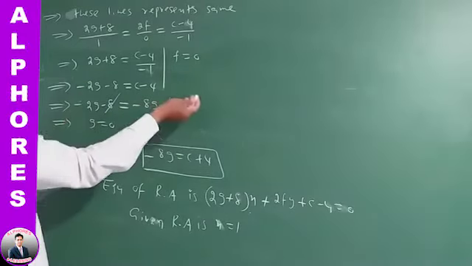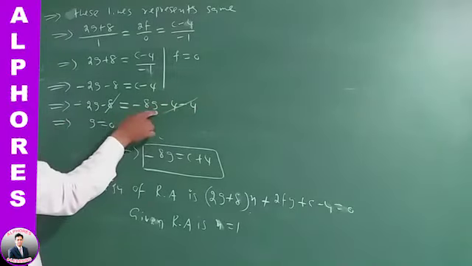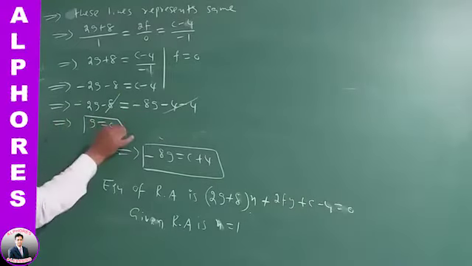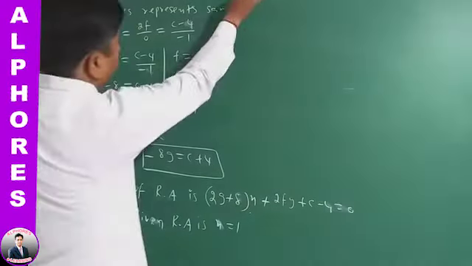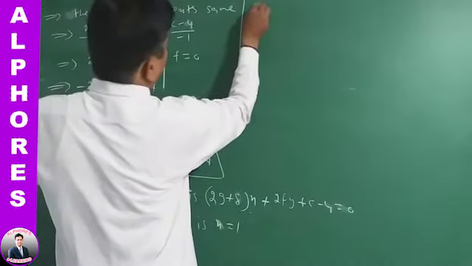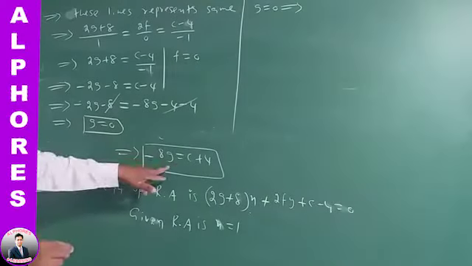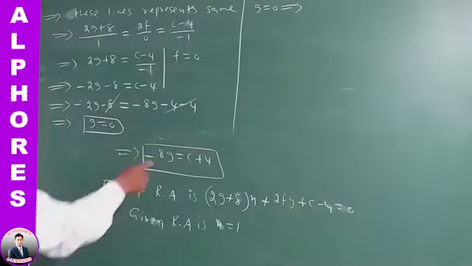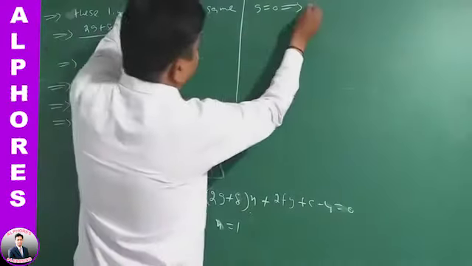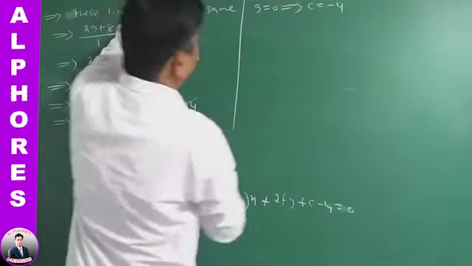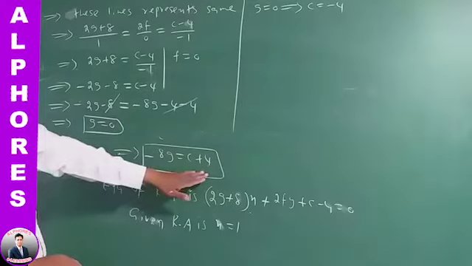Minus 2g taking to the right side, then it is minus 6g equal to 0. Therefore, g equal to 0. When g equal to 0, c equal to minus 4.